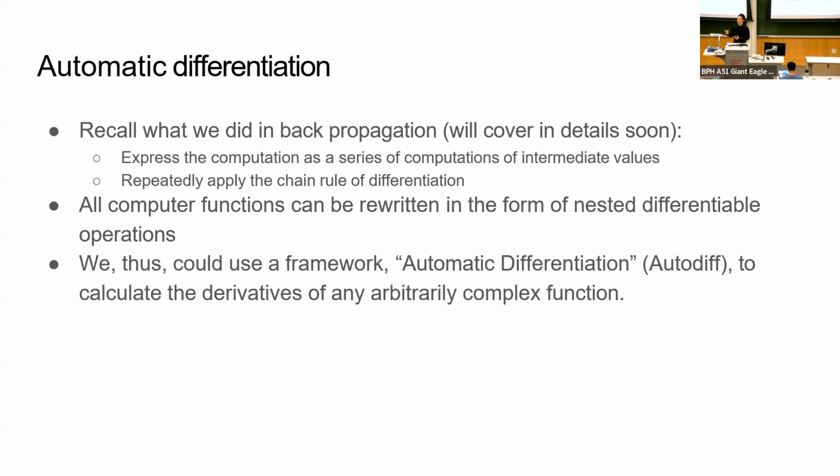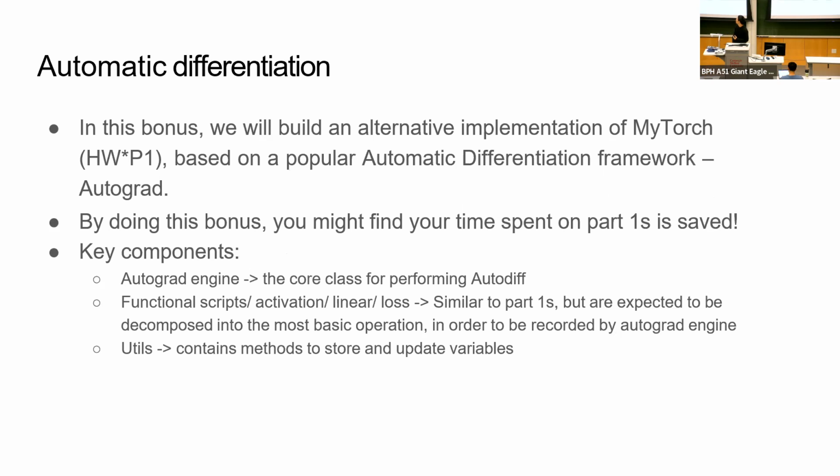This follows basically the same logic, but this time you are not computing all of those neurons within the multilayer perceptrons, but all of those operations like plus, multiply, things like that.